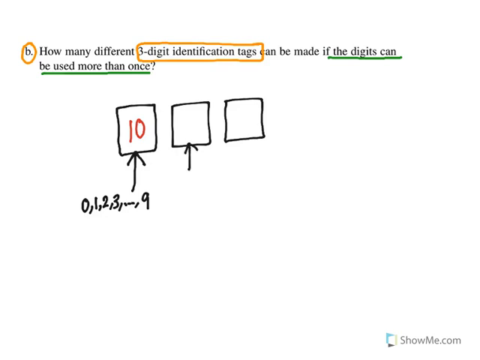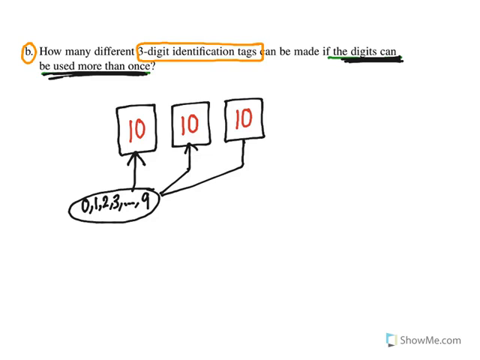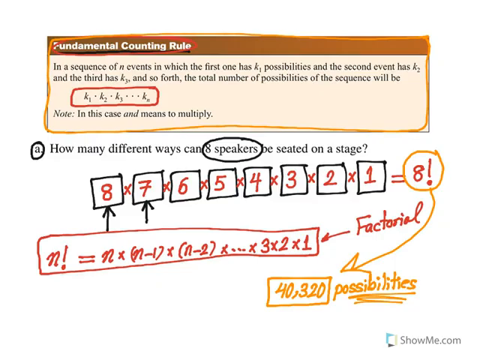Similarly, since here they said the digits can be used more than once, it means that I can also choose from 0 to 9 on the second one, so I have 10. And on the third one, I have 10, because all of these digits can be used more than once. And if you go back to the fundamental counting principle, what you do is multiply the possibilities.